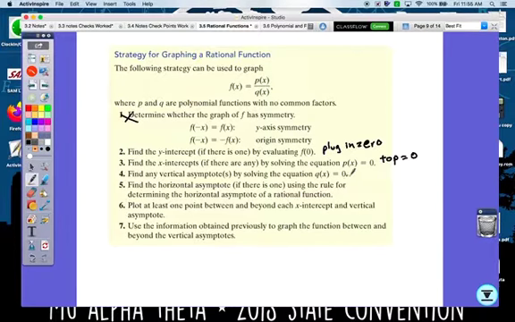For vertical asymptotes, set the bottom equal to 0, and make sure it is in simplest form. For the horizontal asymptote, we look at our degrees, the exponents on top and bottom, using that rule. Then plot at least one point between and beyond each x-intercept and vertical asymptote. We'll see how that goes in a second.